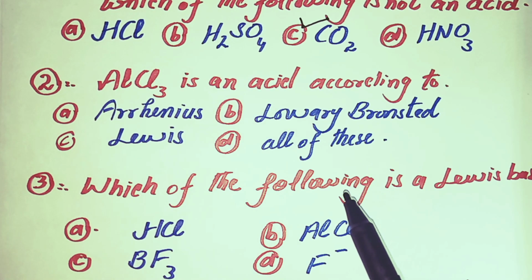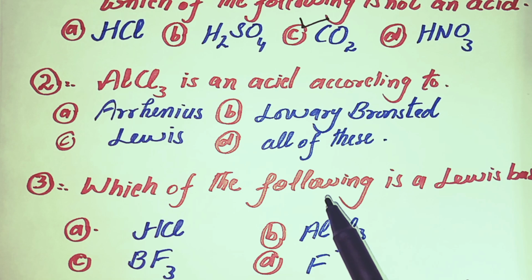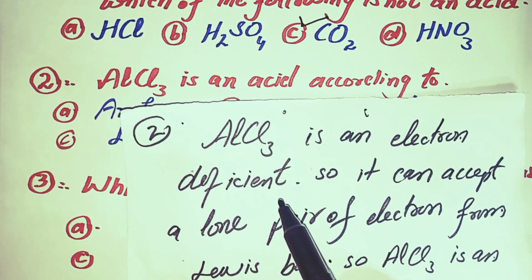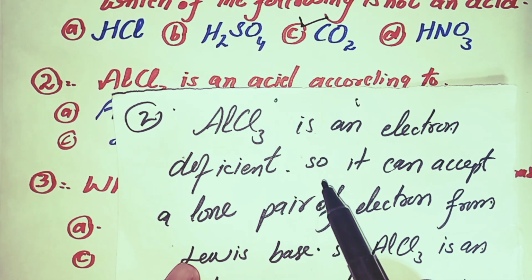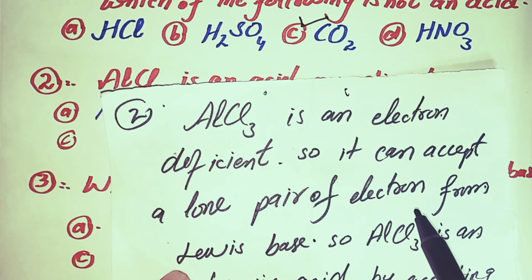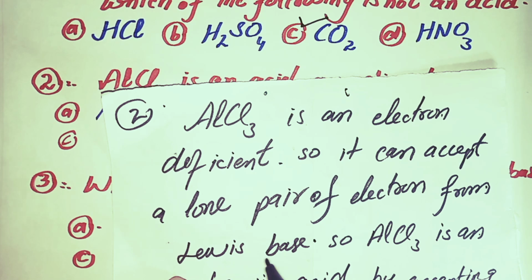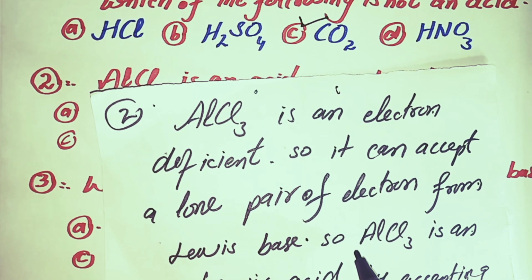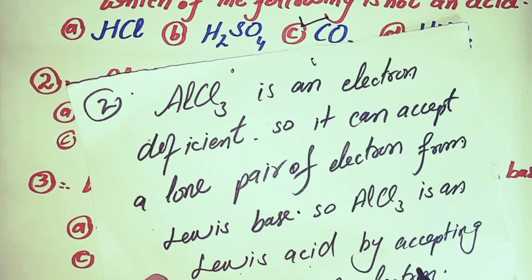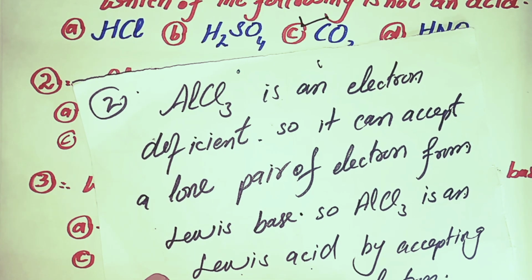As we know that aluminum trichloride is an electron deficient compound, so it can accept a lone pair of electron from a Lewis base. So according to the Lewis concept, aluminum trichloride is a Lewis acid because it can accept a lone pair of electron.